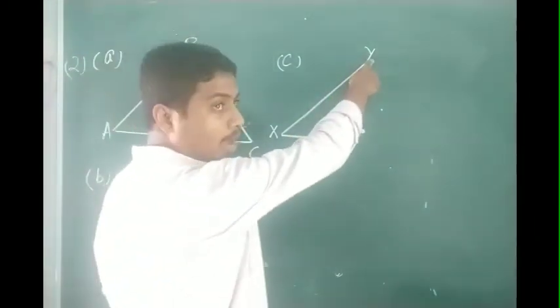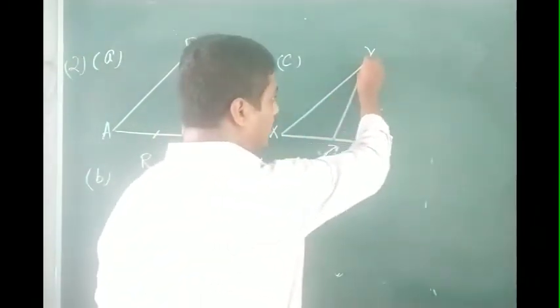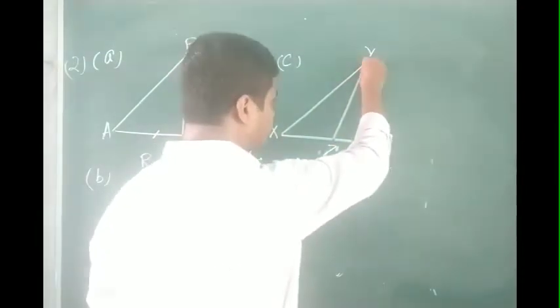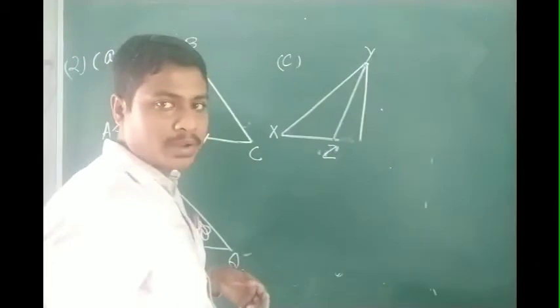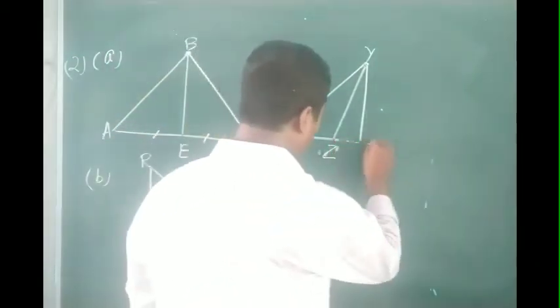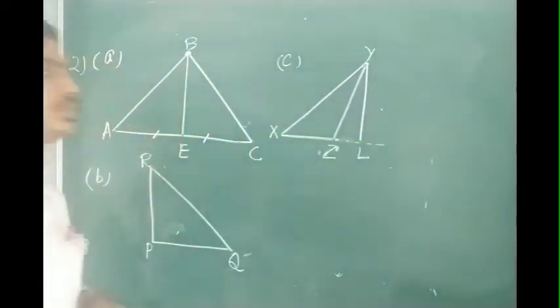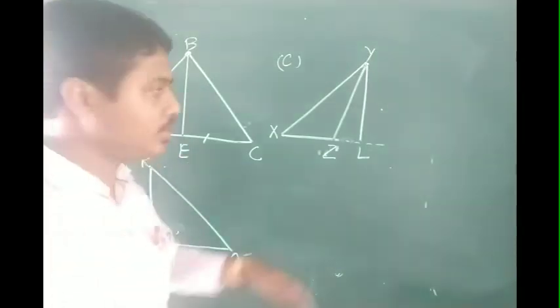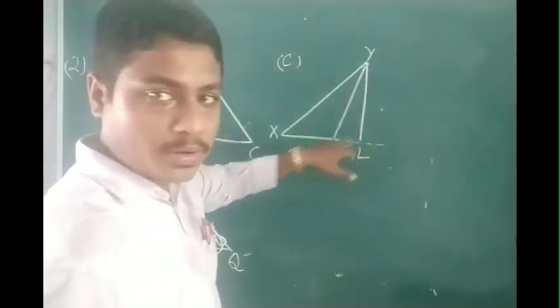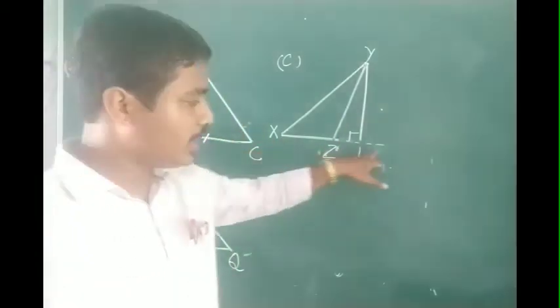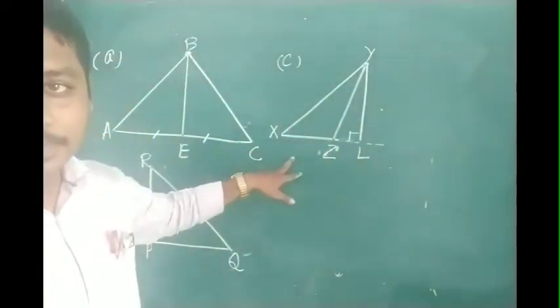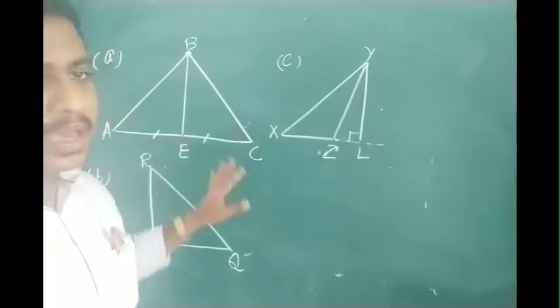This is the point Y. You draw one line perpendicular from here. Okay, I have drawn one line perpendicular from here. So this will be now the altitude of the triangle, YL. Okay, so this is how we have to draw. Because this altitude is forming an angle of 90 degree with this line XL. Clear? So ABC I have done.